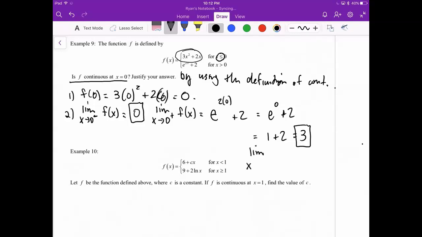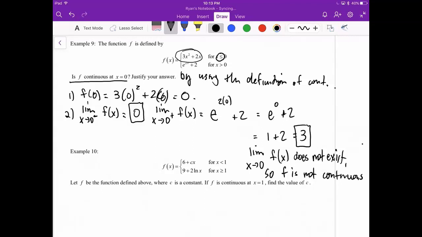So what I say is that the limit as x approaches 0, without a superscript, because I wanted to say the two-sided limit of f of x, does not exist. So f is not continuous.